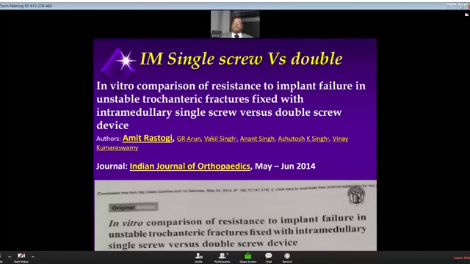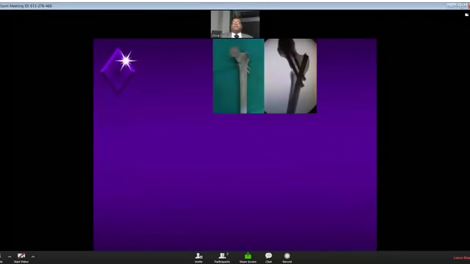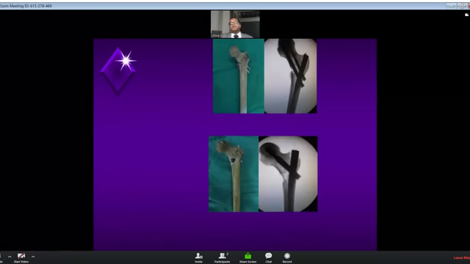This is a very old article where he has compared the gamma nail with the PFN. You can see how he has created an unstable situation in a bone model by removing a centimeter of the bone in the medial part just above the lesser trochanter and fixing this with PFN or gamma nail. He used them on a machine and tested.